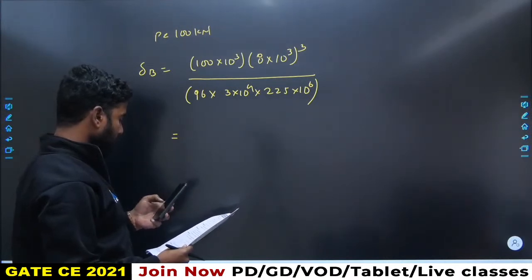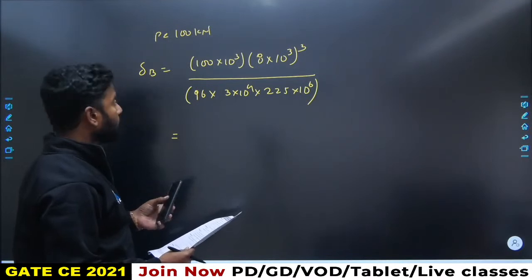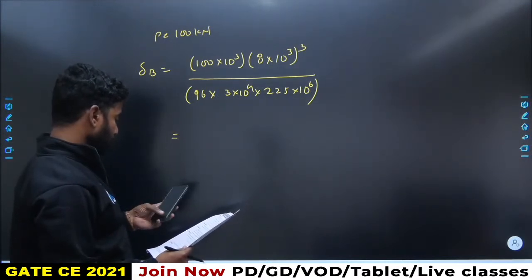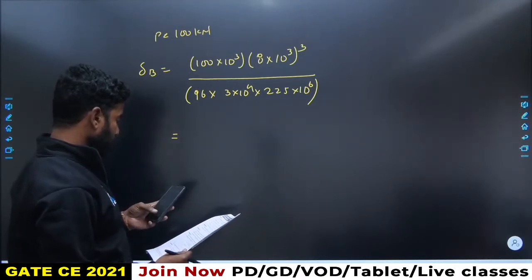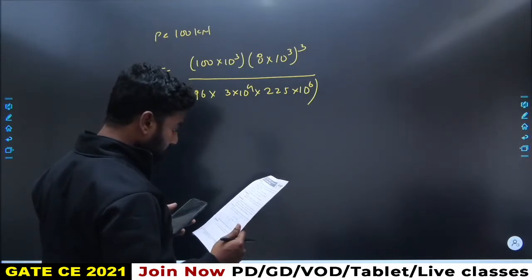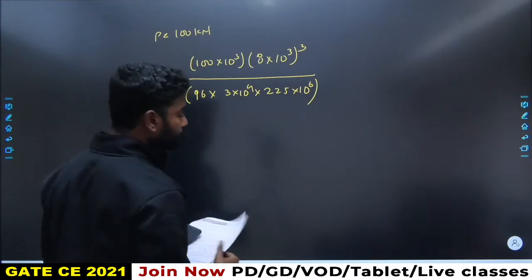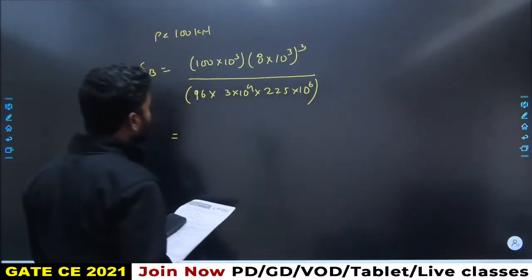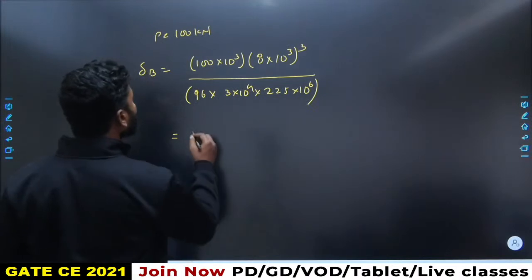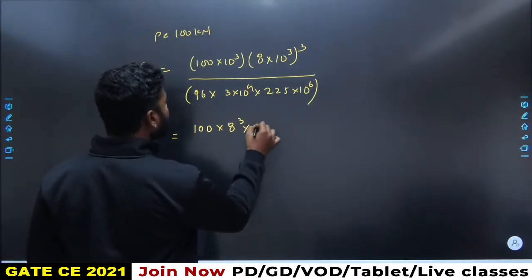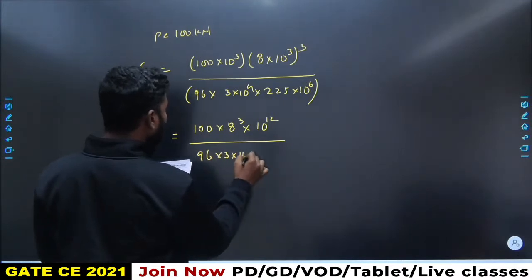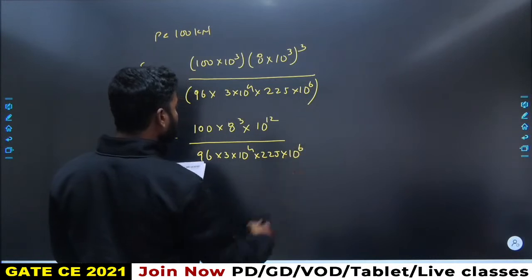100 multiplied with 8 divided by 96 divided by 3. 100 into 100 multiplied with 8 cube, 10 power 3 into 10 to the power of 9 is 10 to the power of 12, and this is 96 multiplied with 3 into 10 to the power of 4 multiplied with 225 into 10 to the power of 6.